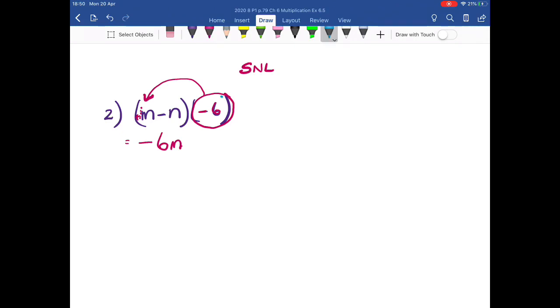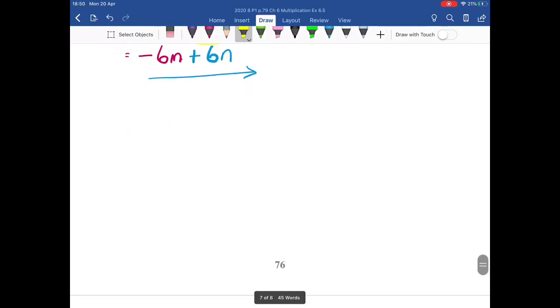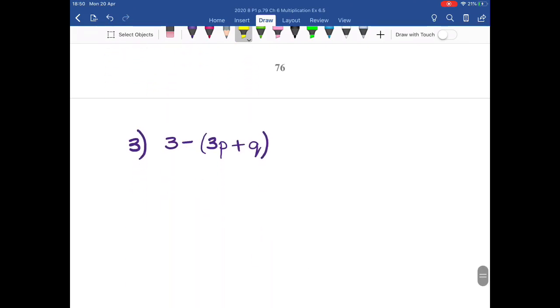Now I'm going to distribute the negative 6 to the negative n. A negative multiplied by a negative is positive. 1 times 6 is 6, and I just have an n. So remember, you can distribute from the back as well. It's a single figure out at the back.